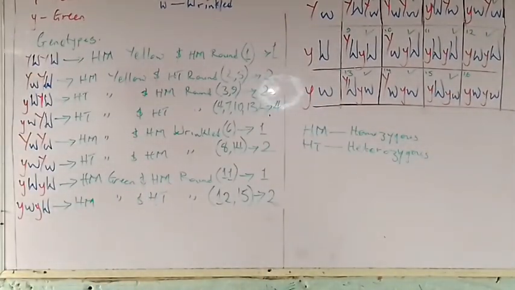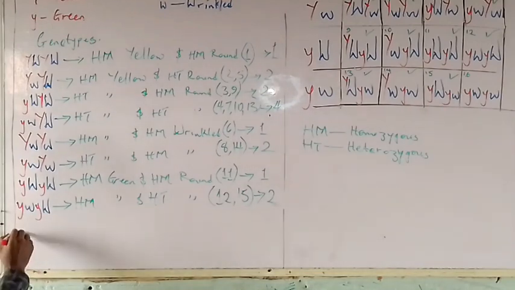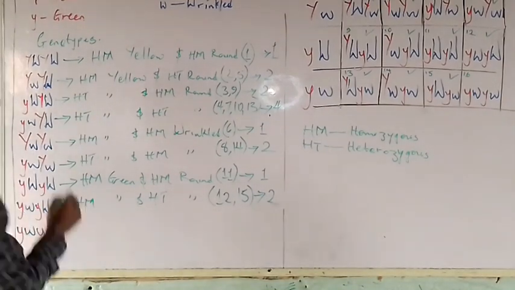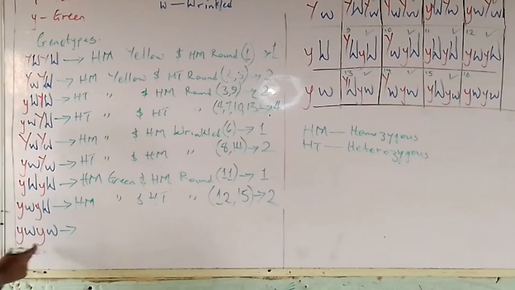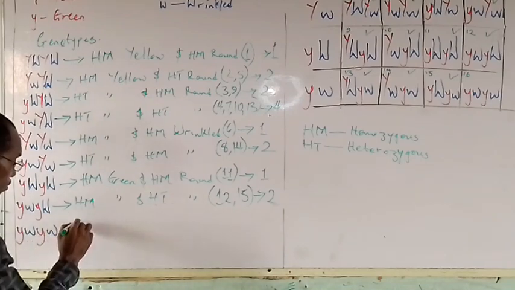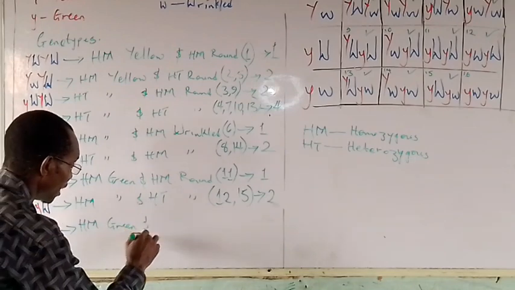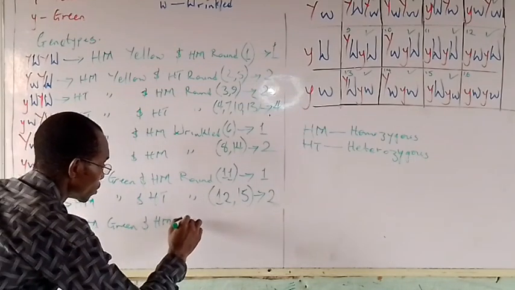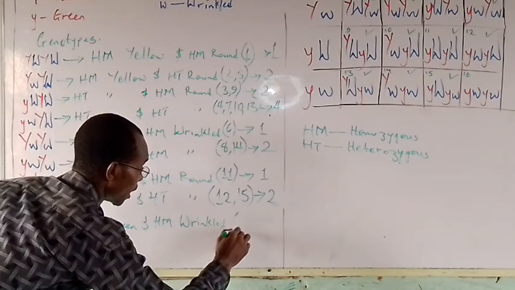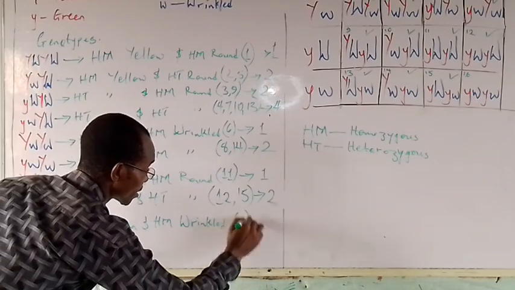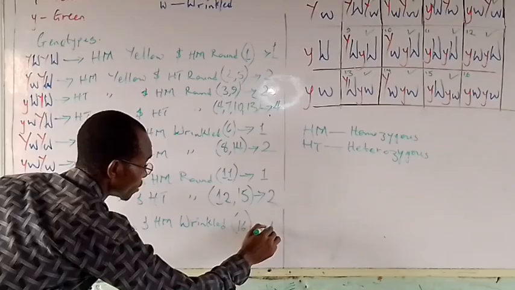So that is the last trait that we are having there, which is small y, small w, small y, small w. So interpreting this now, we will have it looking like this. It is going to be homozygous green and homozygous wrinkled. That is what we will be having now. And the possibility we have is just for number 16, which is just 1.